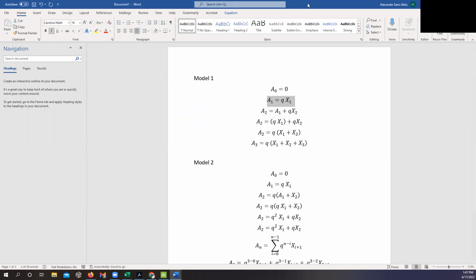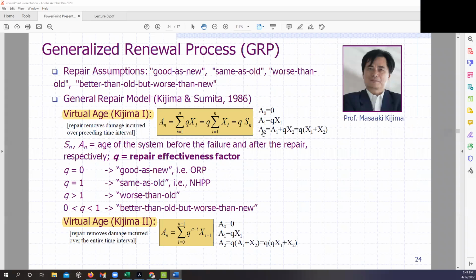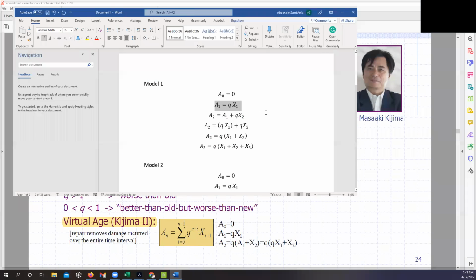Same here. The model started to change after A2, the second, third, fourth interval. You'll see from that model that Q is multiplied by the sum of the intervals, so X1 and X2, Q is multiplied by those. But here, it has a different summation, and I have it set up here for you.